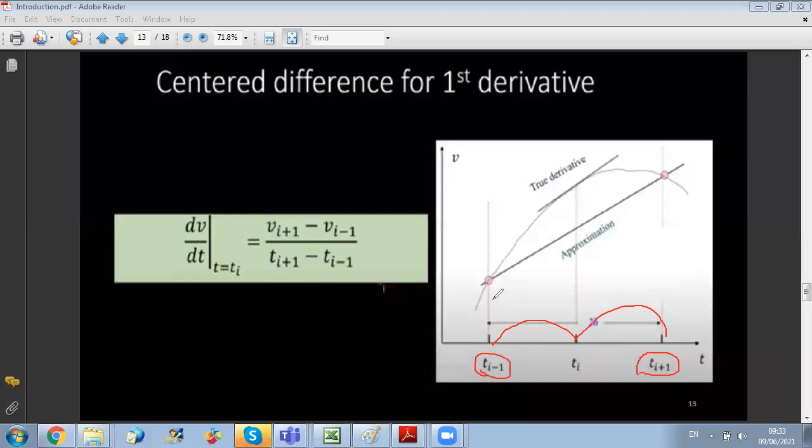In this case, the interval will be 2 times delta t, because between ti minus 1 and ti you have an interval delta t, and between ti and ti plus 1 you also have delta t. So in total, you will have to divide by 2 times delta t. It is v(i plus 1) minus v(i minus 1) over ti plus 1 minus ti minus 1, so this will be 2 delta t.